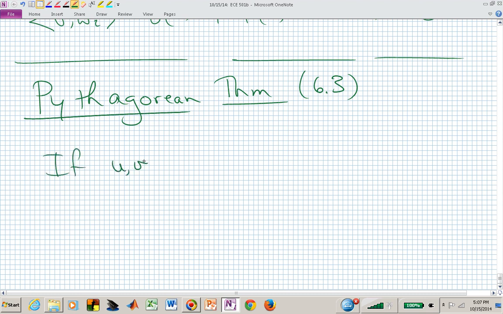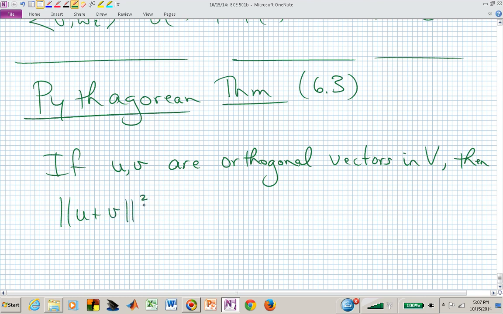If we have two vectors, u and v, and u and v are orthogonal vectors in V, and now being orthogonal is going to depend on the inner product, and we haven't said anything about what the particular inner product is, but if u and v are orthogonal vectors in V, then the norm of u plus v squared is equal to the norm of u squared plus the norm of v squared.